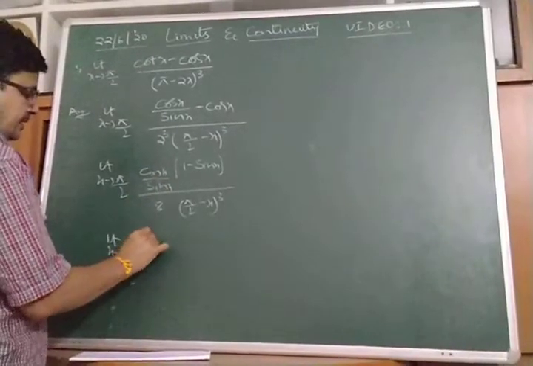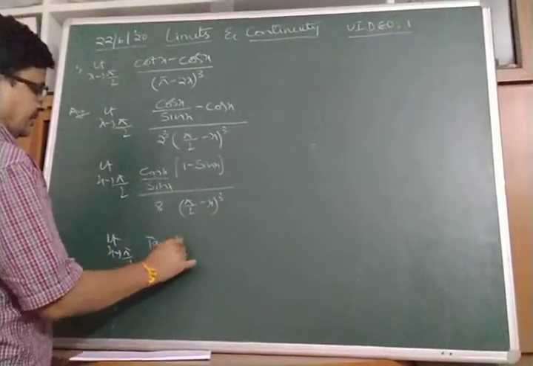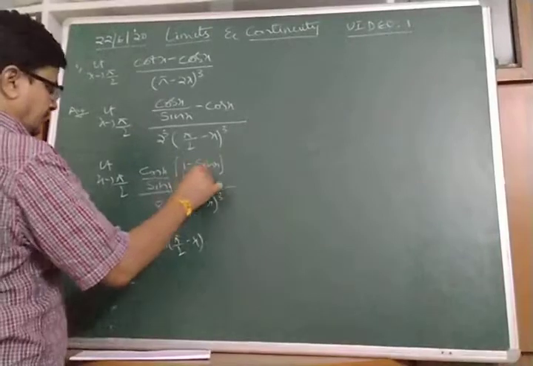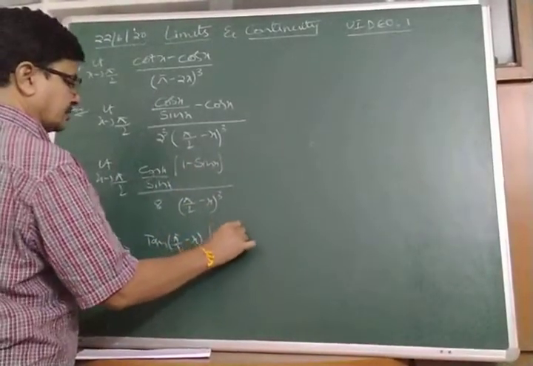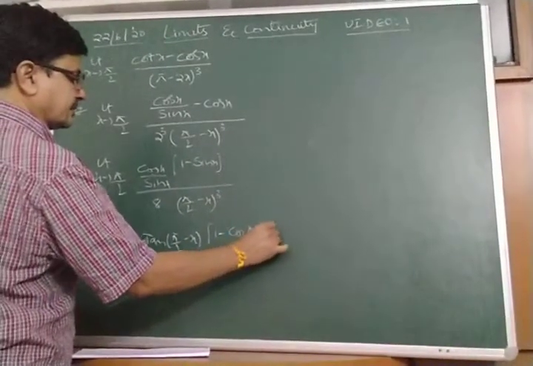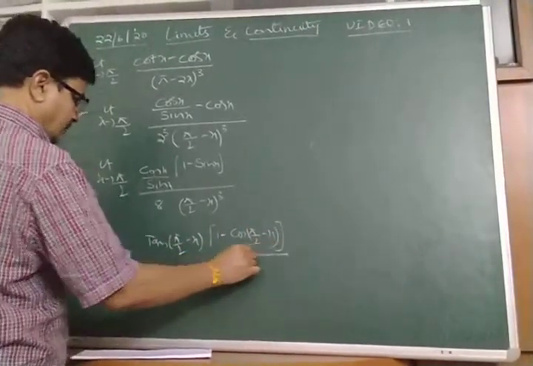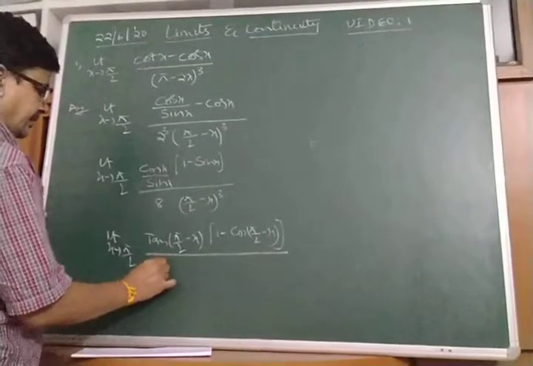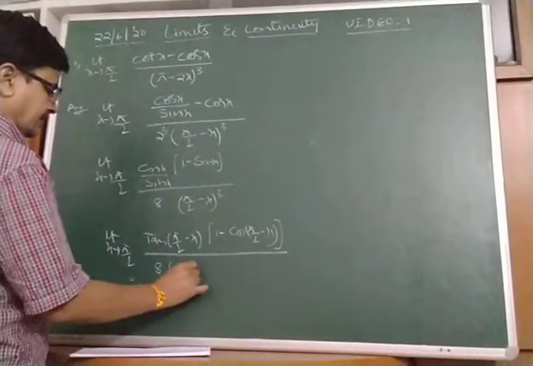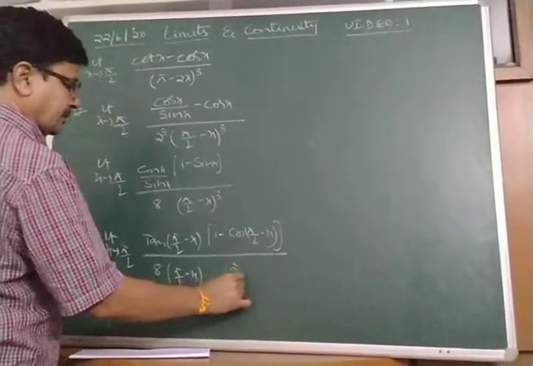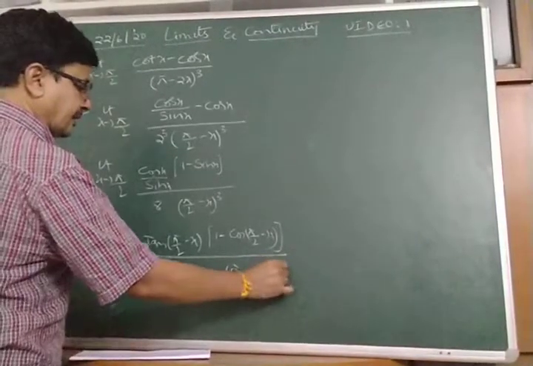Cot x can be written as tan (pi by 2 minus x). Now this is (1 minus sin x) whole divided by 8 into (pi by 2 minus x) into (pi by 2 minus x) whole square.